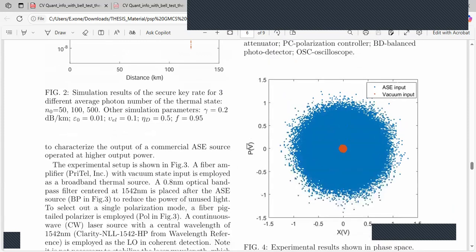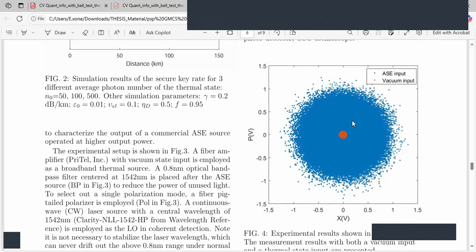We could say that this is the whole plot of the thermal state in phase space, and here the small orange circle is showing the plot of the vacuum state. So in order to check the quality of our thermal source, we have to do that quantum tomography, and it will be done on the ALSIS side of the laboratory in order to guarantee that the state that we are using is the thermal state.